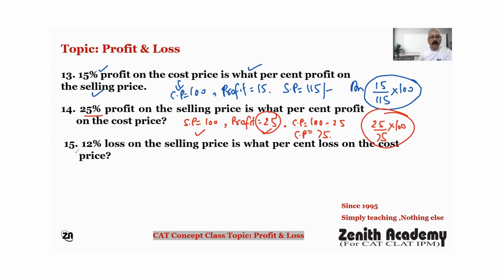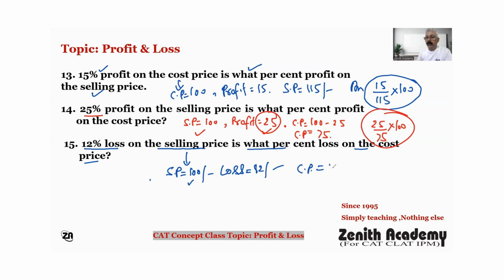Here, 12% loss on the selling price is what percent loss on the cost price? On the selling price, so take selling price is equal to 100. 12% loss, so loss is equal to 12 rupees. What percent on the cost price? So selling price is 100, there is a loss of 12 rupees.